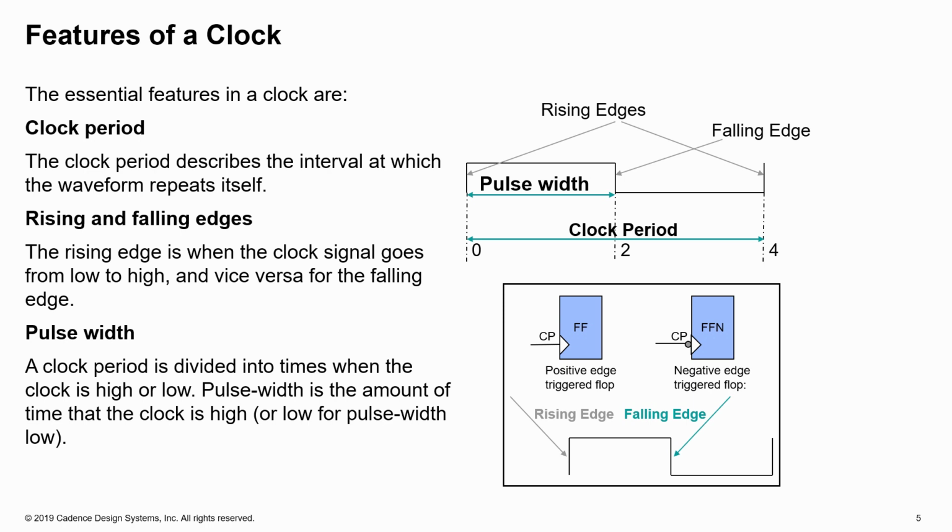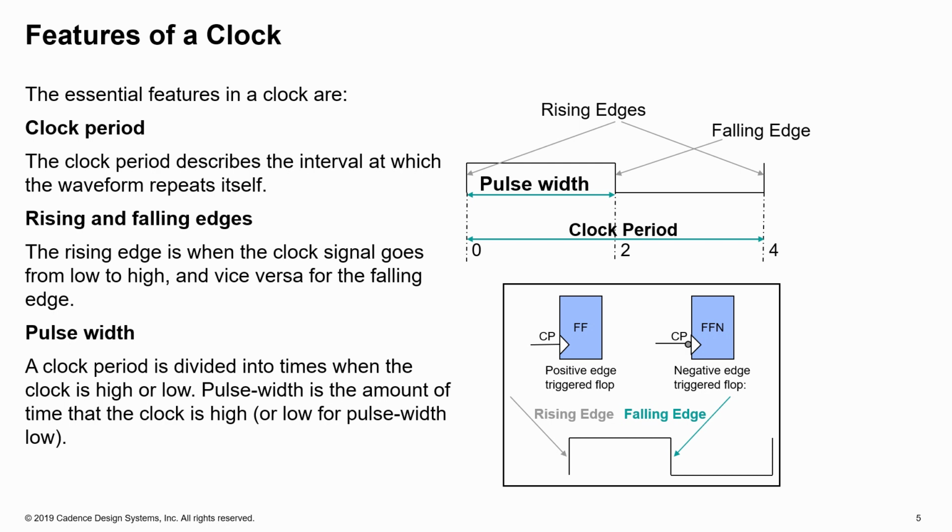The clock has multiple properties, one of them being the clock period, which defines at what interval the waveform repeats itself. Then you have the rising edges and the falling edges.